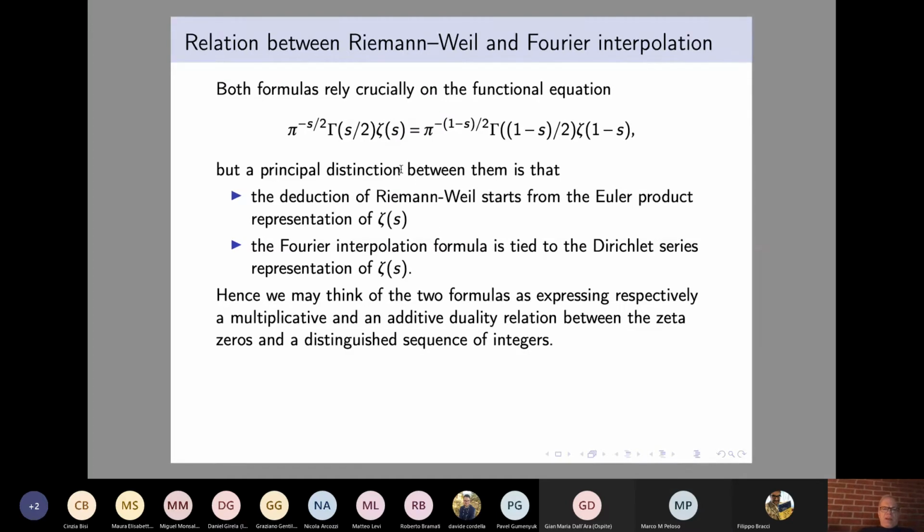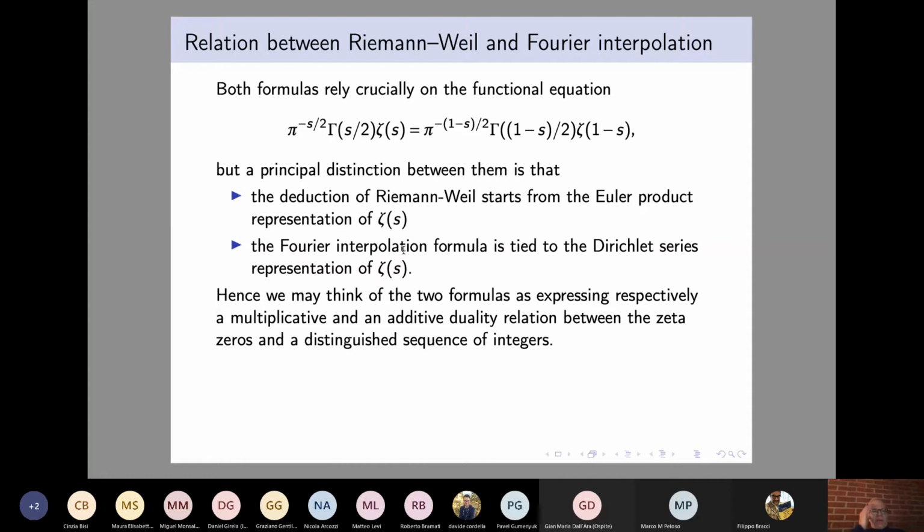Well, let's say first that both of these formulas rely very crucially on the functional equation. But there is a principal distinction here, and that is that the deduction of Riemann-Weil starts from the Euler product, while the Fourier interpolation formula on the previous slide is tied to the Dirichlet series representation of zeta of s.